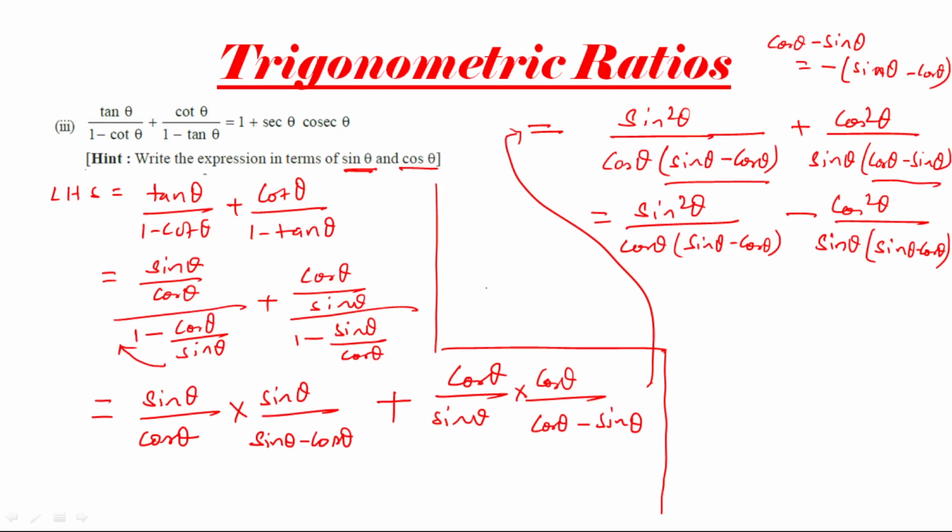Okay, right, fine. Now the denominator has become the same, so we can write cos theta, sin square theta minus cos square theta.